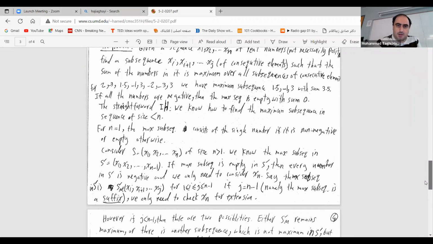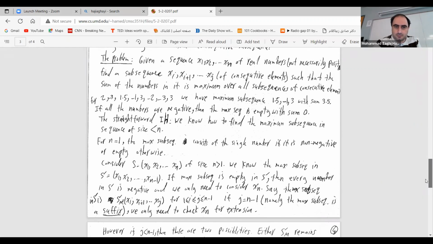So this is actually a nice problem as well. So what is the problem? You are given a sequence x1, x2, up to xn of real numbers. They are not necessarily positive. You want to find a consecutive subsequence of this. So you are given a sequence, and you want to find a consecutive subsequence.